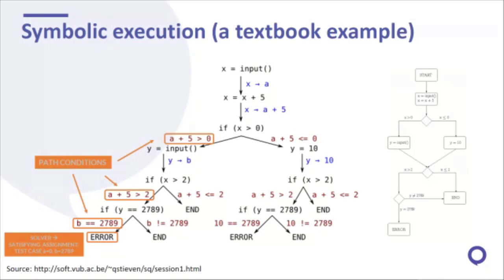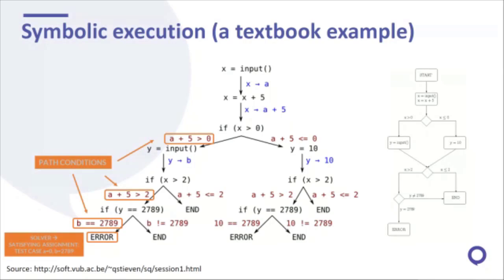As we reach a leaf, for example the error state, we have a bunch of path conditions. And now this is the magic, and this is the very nice use case of symbolic execution. You can ask the symbolic execution engine to generate inputs so that I can reach the error leaf following this path on the left-hand side. This is where the constraint solver comes into play.